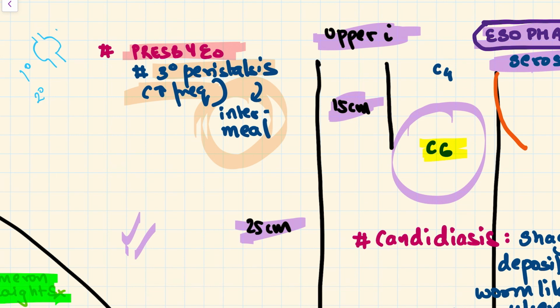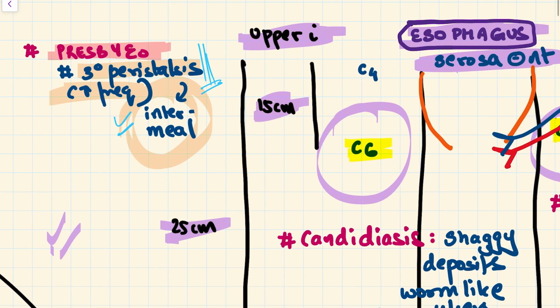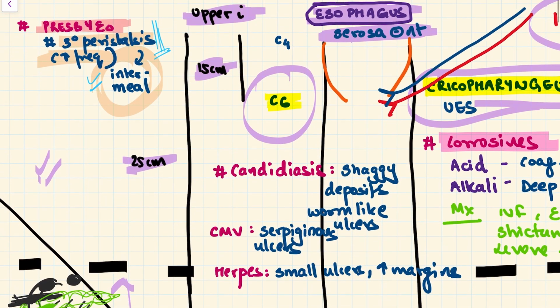The primary peristalsis is the one that is responsible for pushing the food, and if due to some case the food is stuck, then secondary peristalsis takes place, right? But tertiary peristalsis is seen in between two meals, right? That is, it is intermeal peristalsis.